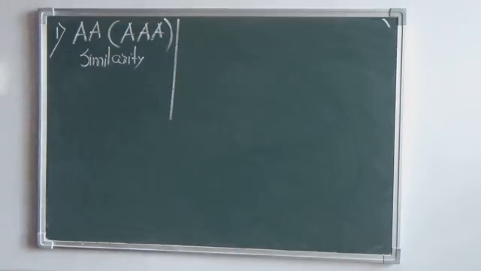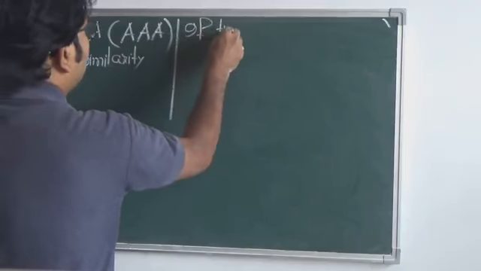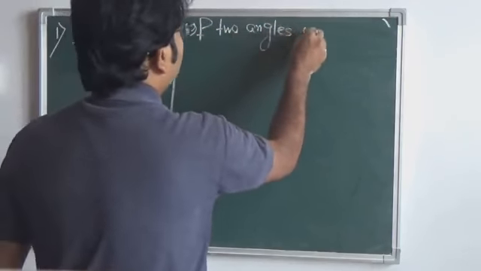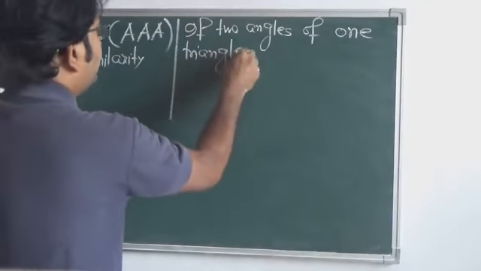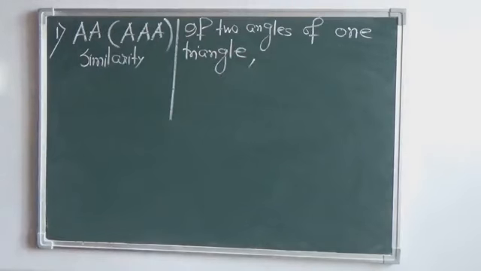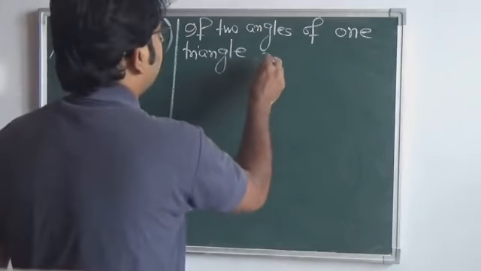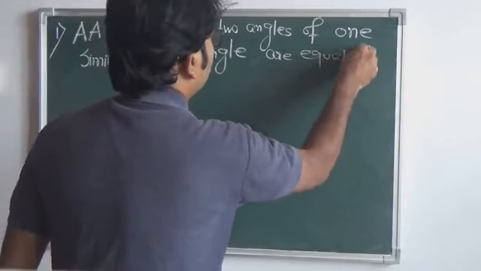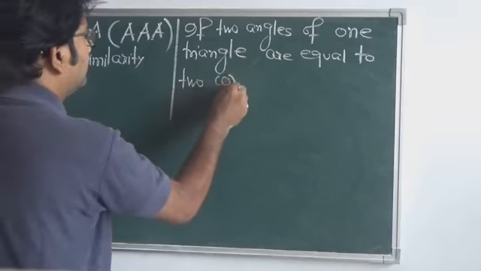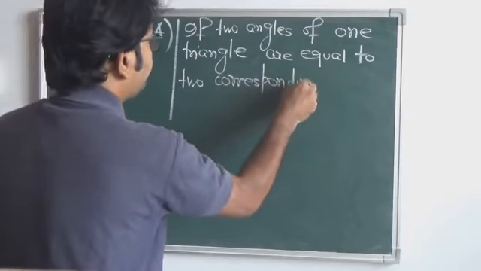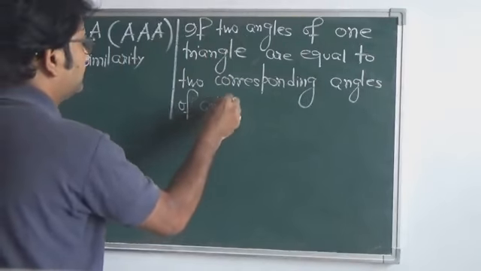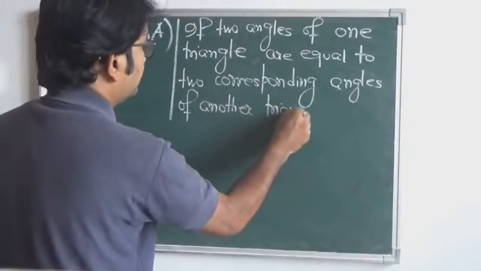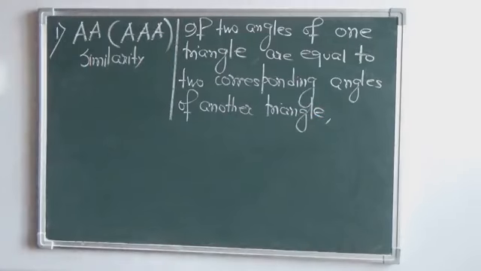If two angles of one triangle are equal to two corresponding angles of another triangle, then the two triangles are similar.